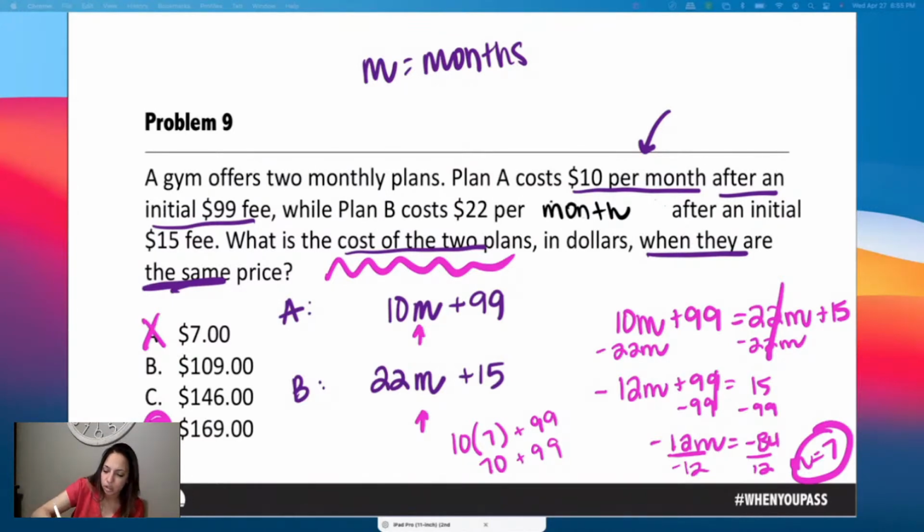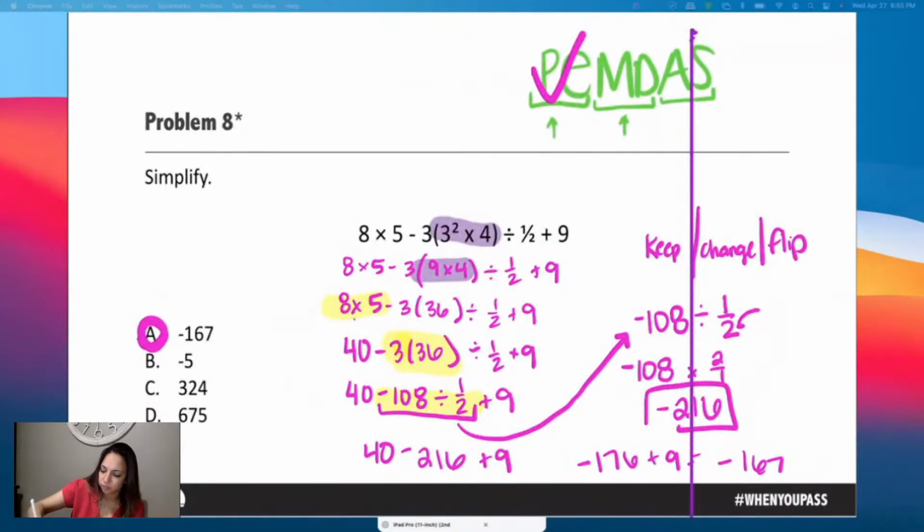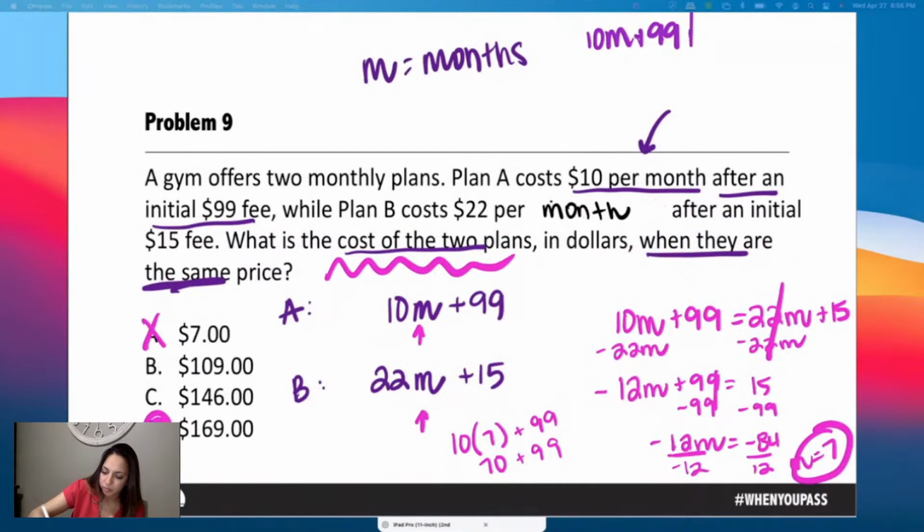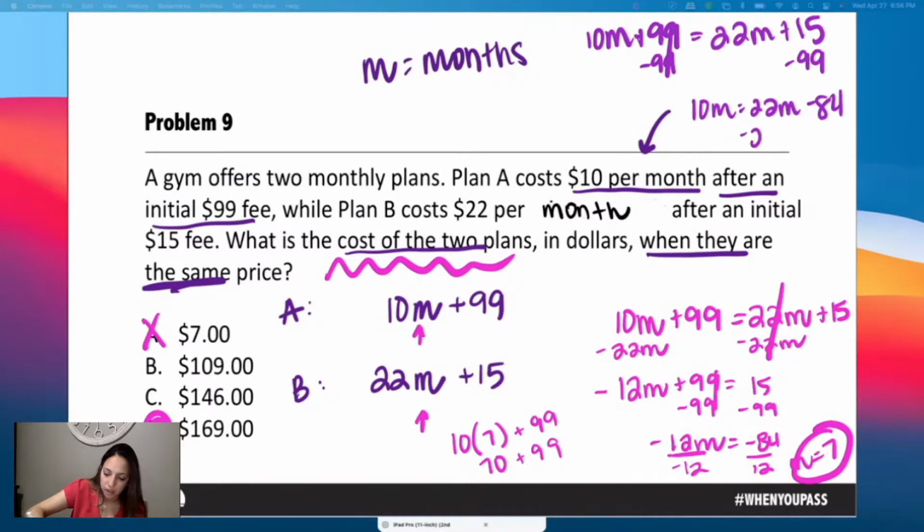If I do 10M plus 99 equals 22M plus 15, and I subtract the 99 from the 15 first, it doesn't matter because then you get 10M equals 22M minus 84, and then you subtract the 22M and you'll still get negative 12M equals negative 84. So it doesn't matter what order you do that in.